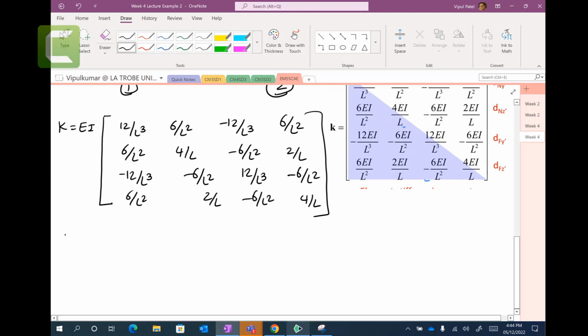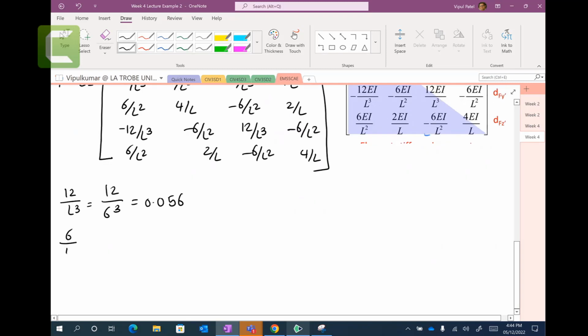So now let's crack this. 12 on L cubed, 12 on 6 cubed. Let me calculate that. 12 divided by 6 cubed, you get 0.056. 6 on L squared, 12 on 6 squared, so 12 divided by 6 squared, you get 0.333.